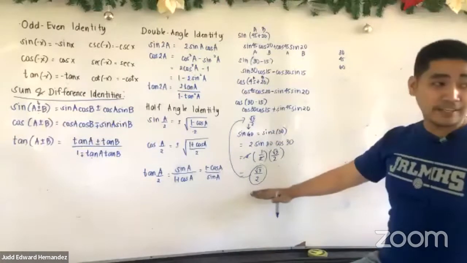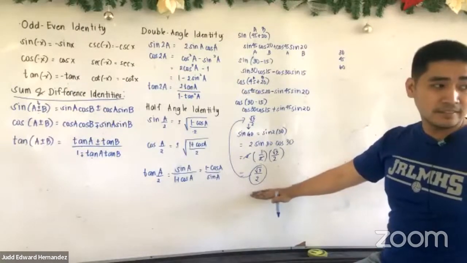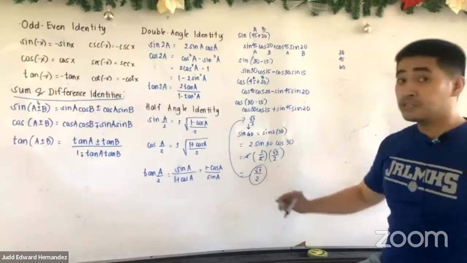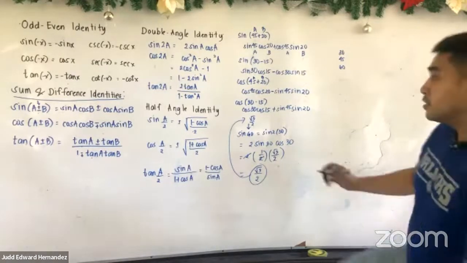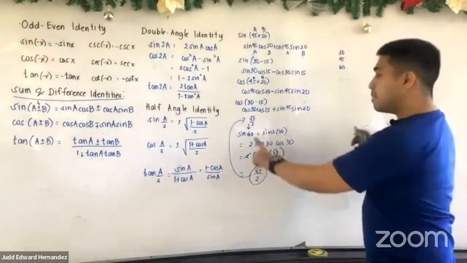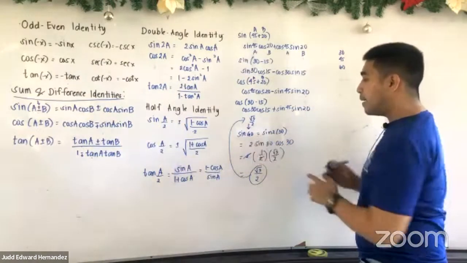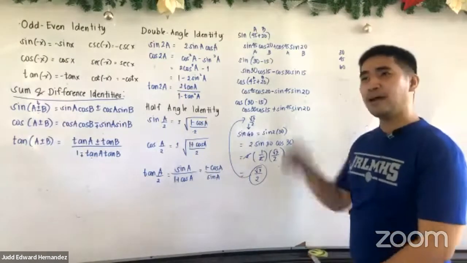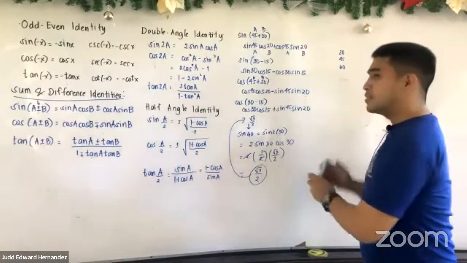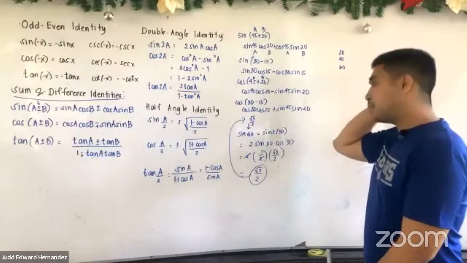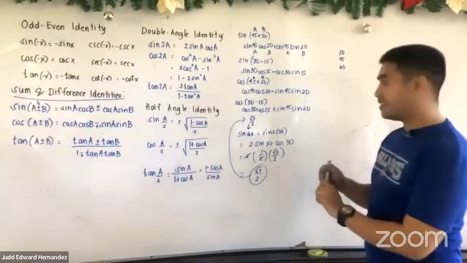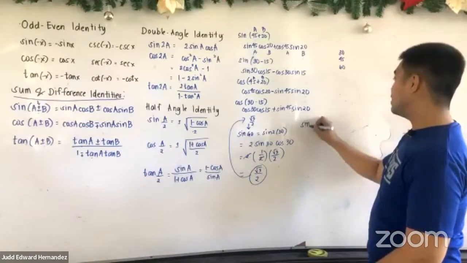Is this clear? Okay. So that is what we will do. You need to express this so that it is a special angle. What other values can be special angles? 60, 120. Okay. Sin 120.